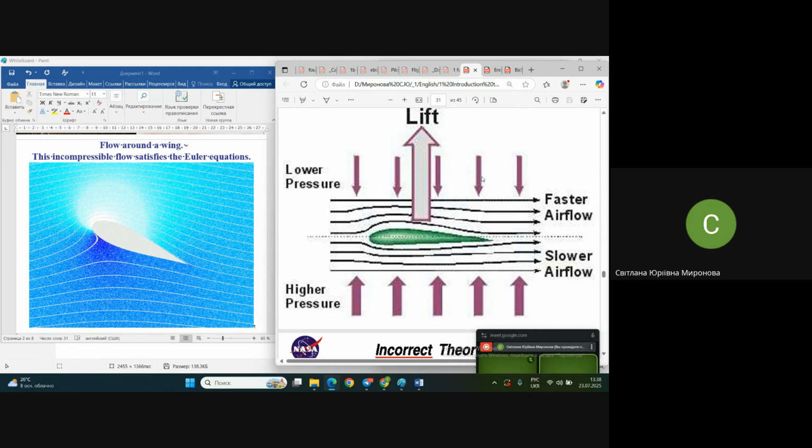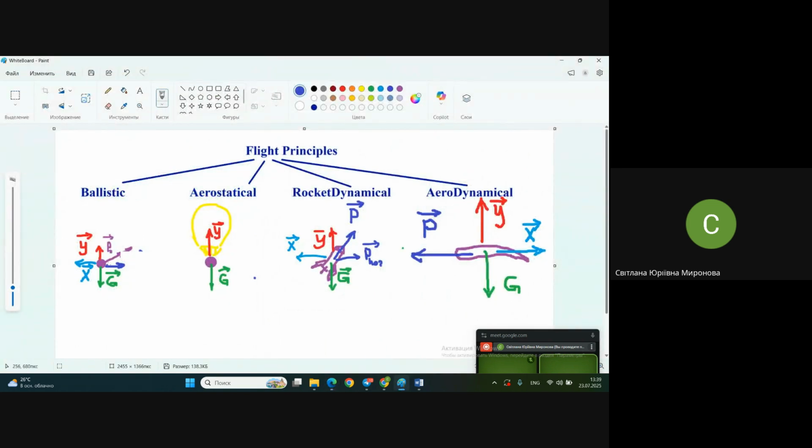Actually, the force, due to this specific shape, is not directed vertically. The force is directed at some angle, somewhat similar to what we have seen in the rocket dynamical principle, the ballistic principle, when one vector, for instance the thrust vector applied to the rocket, may be decomposed into a lift, conditionally, and the force that moves this rocket forward.